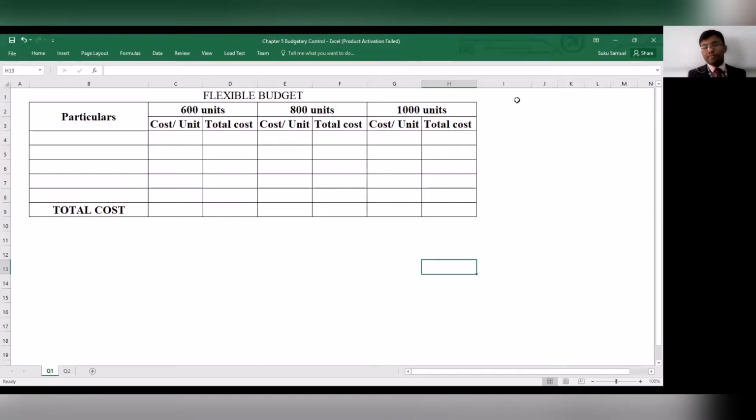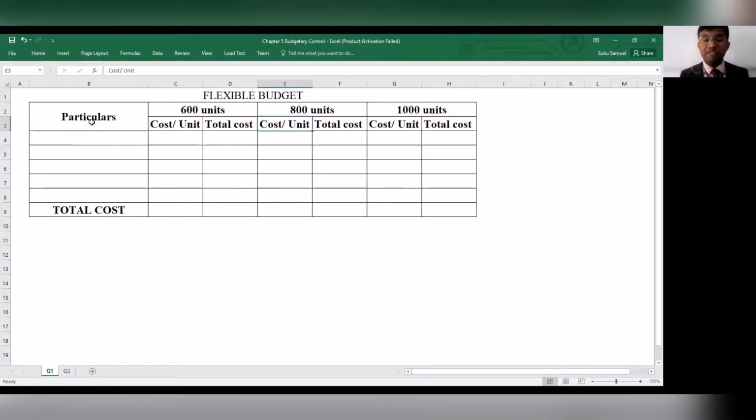Now we will go about the preparation of the flexible budget. I have prepared the format over here, and like I said, the format of a flexible budget is very simple. Here you have the particulars, where we will keep a record of the names of the costs, and then we will have the different levels of output: 600, 800, and then 1000.